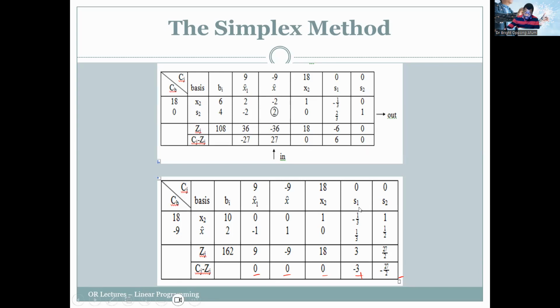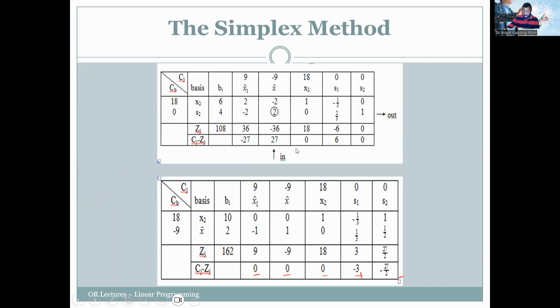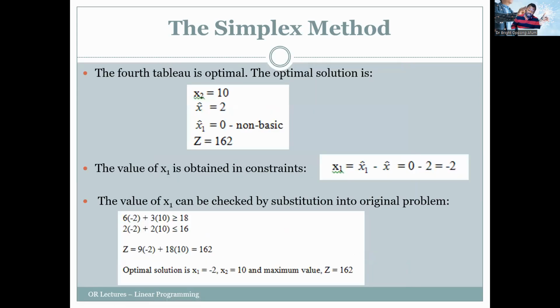So x2 is equal to 10, S cap is equal to 2, and x1 cap is non-basic. It's not in the solution base, so it is actually 0. That's what it means, right?